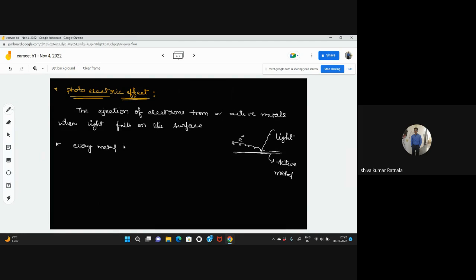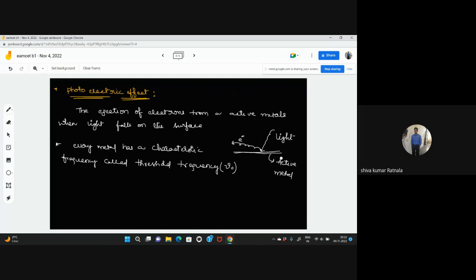Every metal has a characteristic frequency called threshold frequency. This threshold frequency is fixed for each and every metal. I'm indicating that threshold frequency with nu naught.